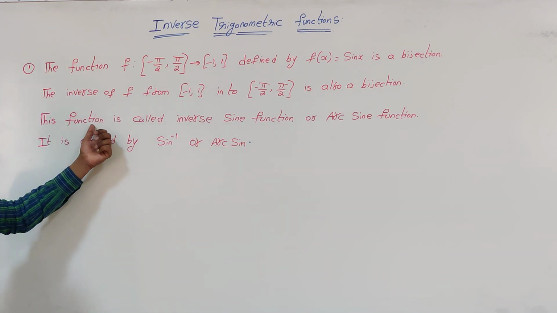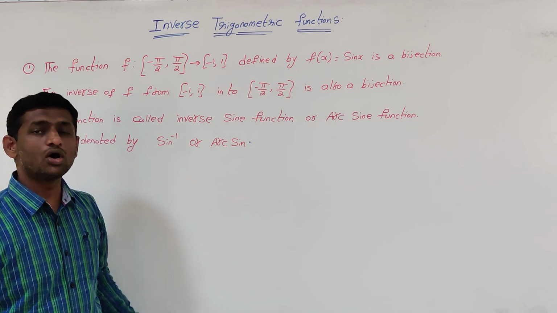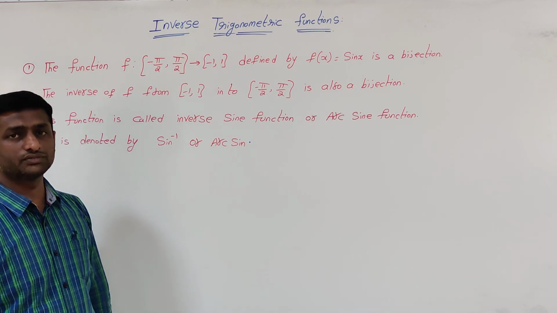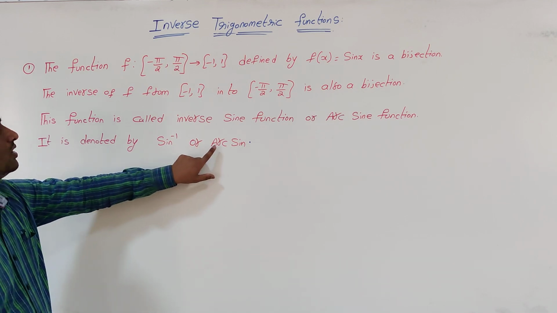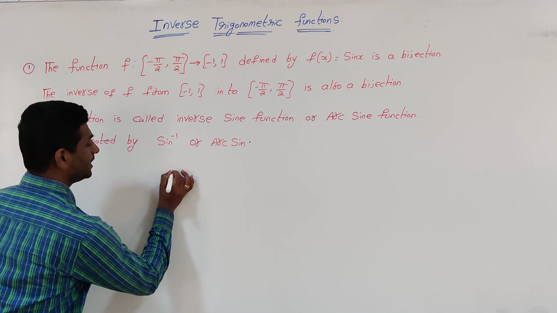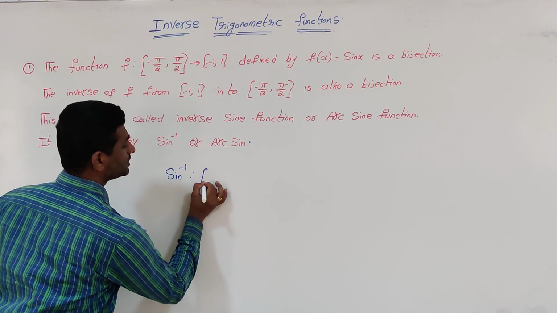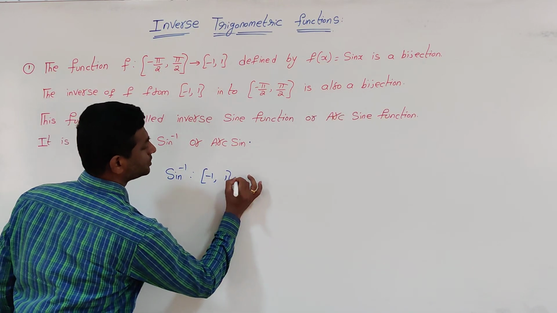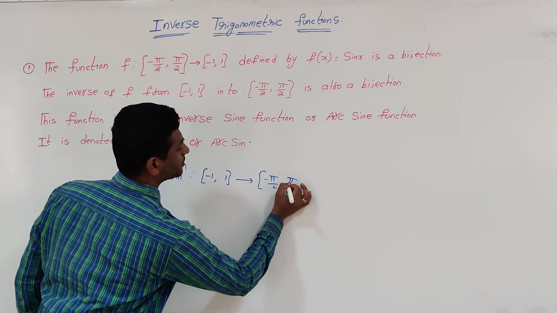Then this function is called the inverse sine function or arc sine function, and it is denoted by sine inverse or arc sine. Sine inverse is a mapping from the closed interval -1 comma 1 to the closed interval -pi by 2 comma pi by 2.